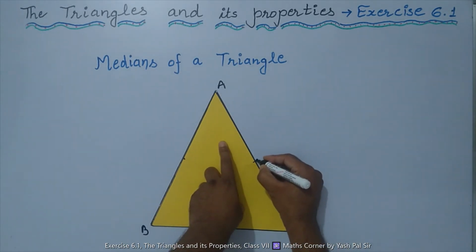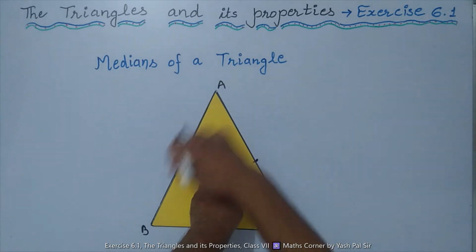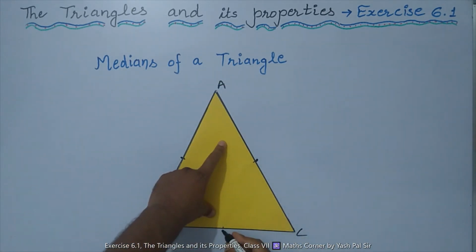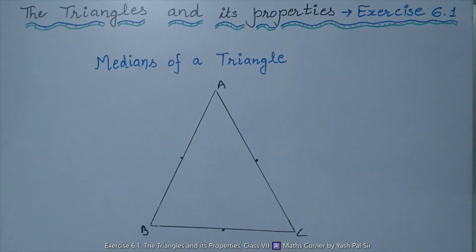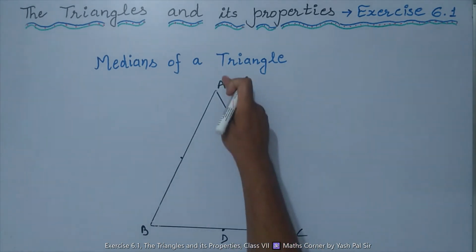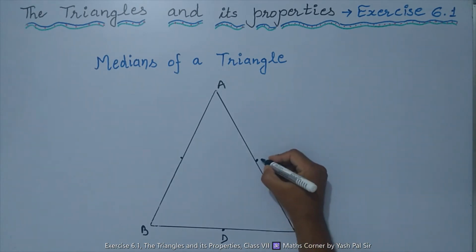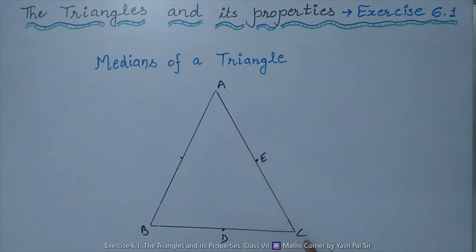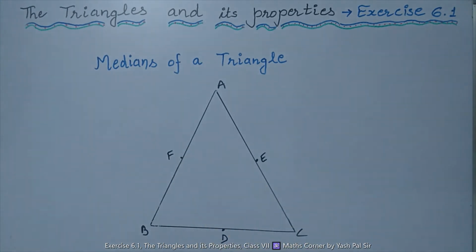So this is the midpoint of AC, this is the midpoint of AB, and last one, this is the midpoint of BC side. So what we name this? This is D, in front of B, suppose this is E, in front of C, this is F.